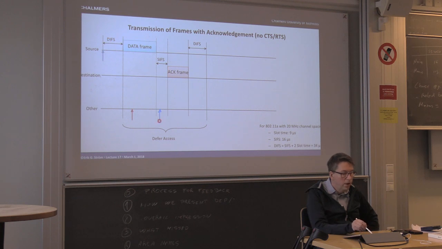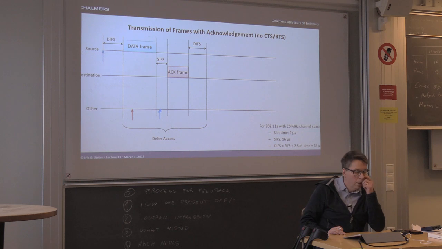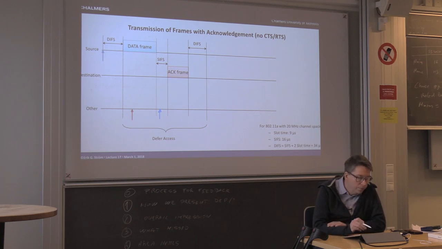So it would never actually be allowed to transmit. This ACK frame is then received by the source, and now the transaction is completed, data frame plus acknowledgement, and then every node needs to wait for a DIFS before anything else can happen.